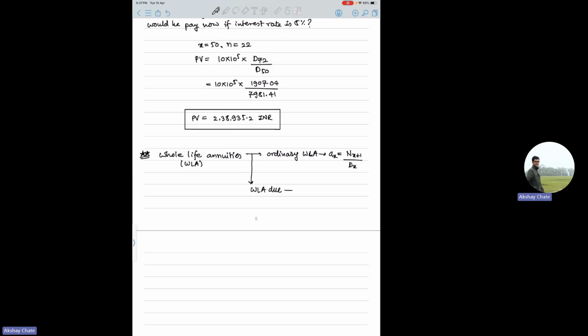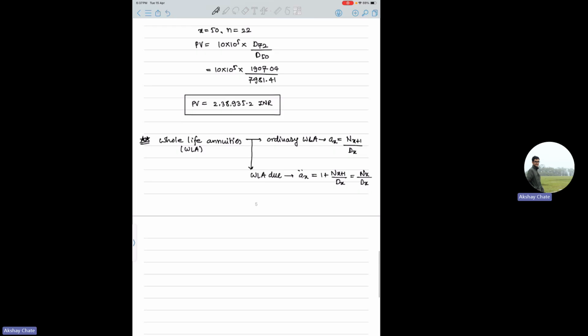Okay, so therefore, in such cases, this amount comes out to be, they use a double dot here. Okay, it comes out to be 1 plus Nx plus 1 by Dx. It just comes out to be Nx by Dx. Okay, and then you have a third formula here, which is called deferred whole life annuities.